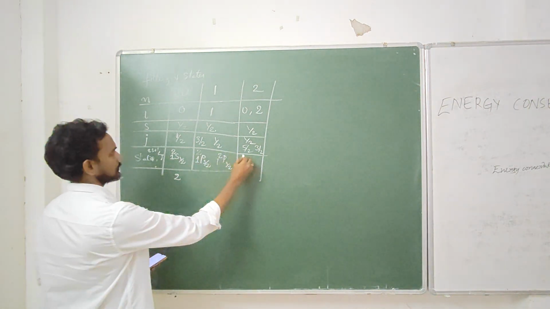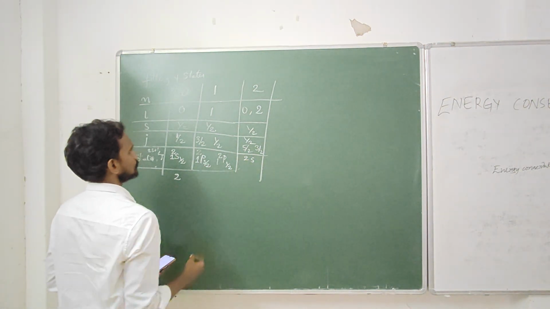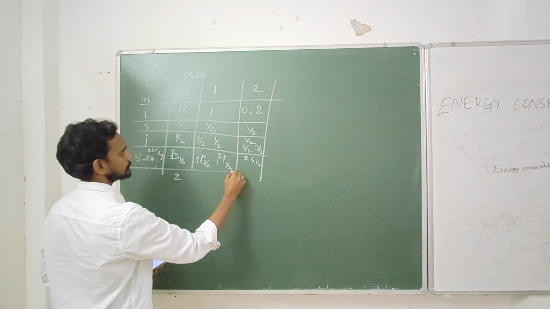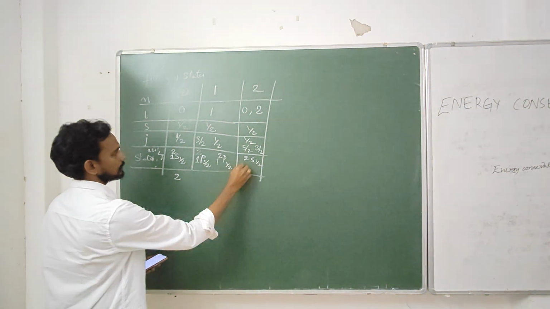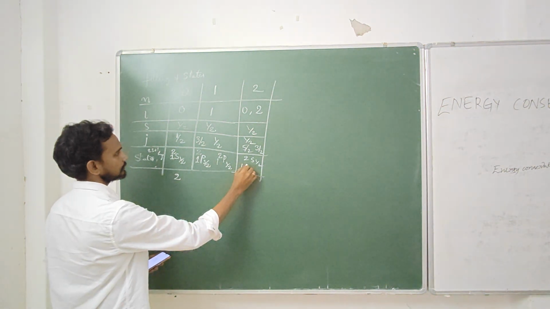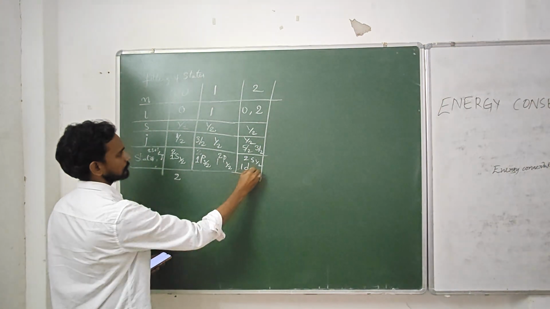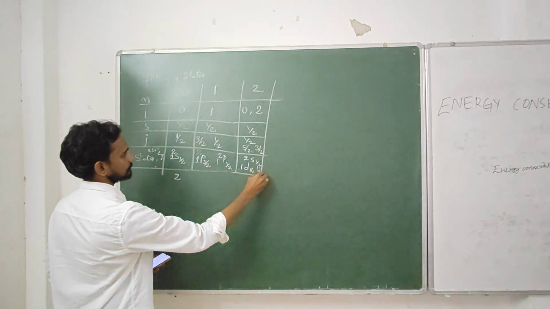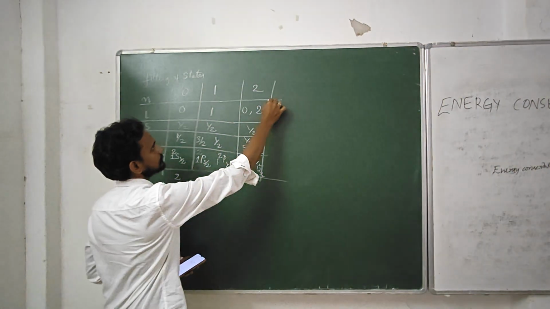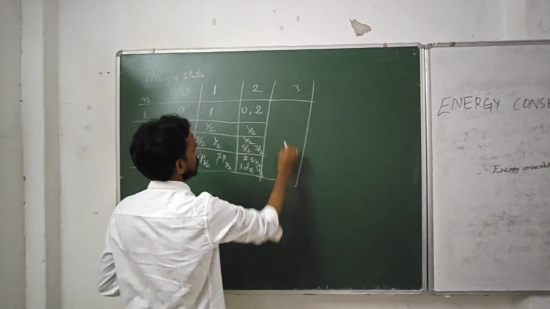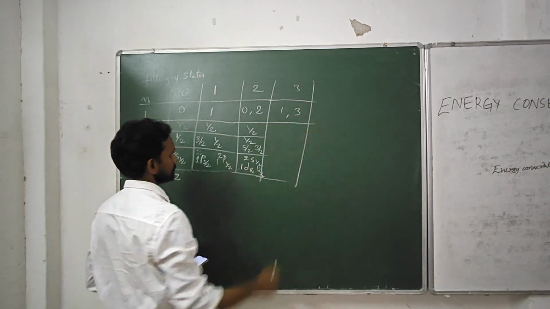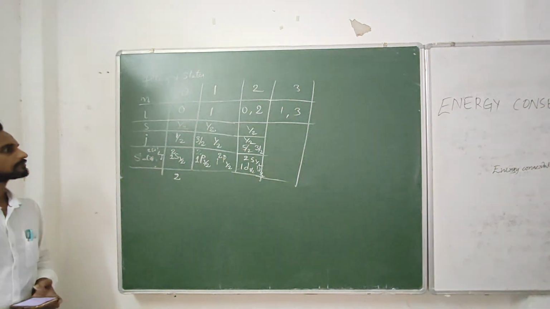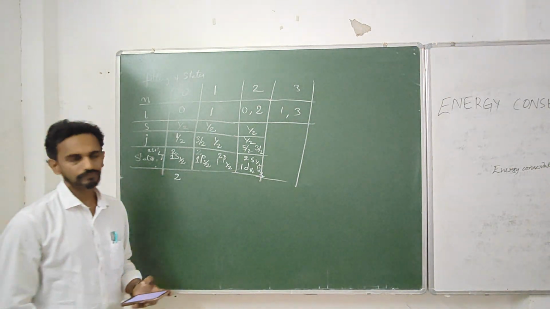So it is 2s half and 1D 5 by 2 and 1D 3 by 2. And for 3 you have 1 and 3 are the possibilities. Spin is half.